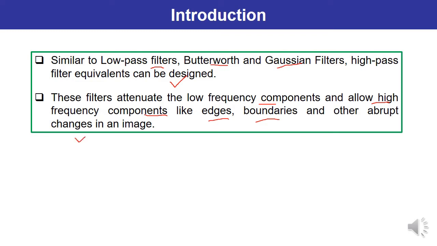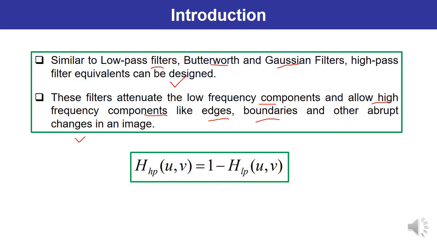Means a high pass filter allows high frequency components while attenuating the low frequency components. A high pass filter can be derived from the low pass one. H of HP is the high pass filter, which is 1 minus H of low pass filter. Vice versa also you can write it.